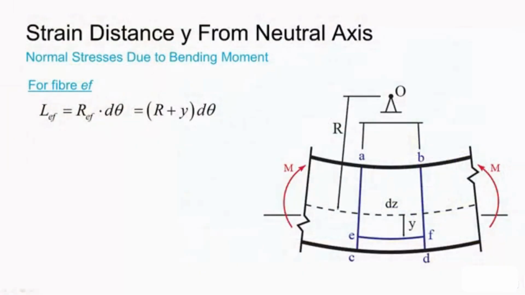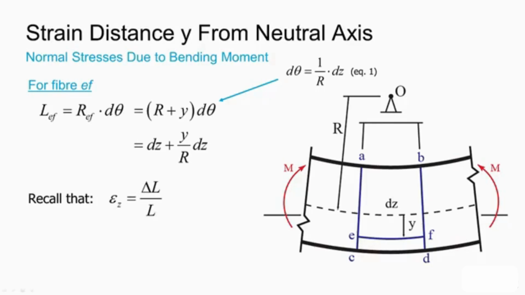Now, we can actually still use our radius of curvature relative to our neutral axis, r, and just add our distance y from the neutral axis to that to get R_EF. Taking the equation from the previous slide, we can substitute 1 over r dz for d theta and get the following expression, dz plus y over r dz.